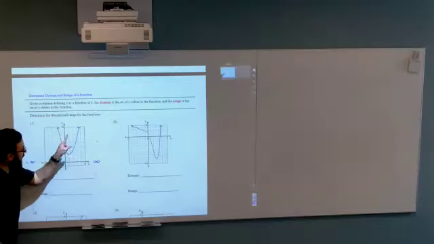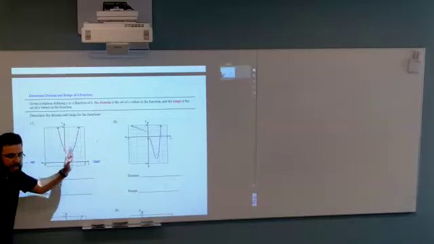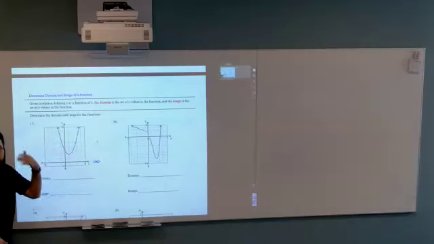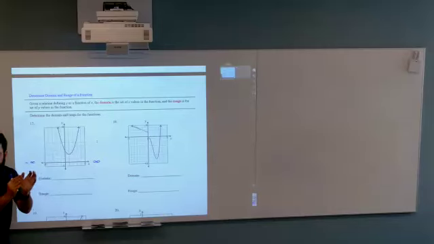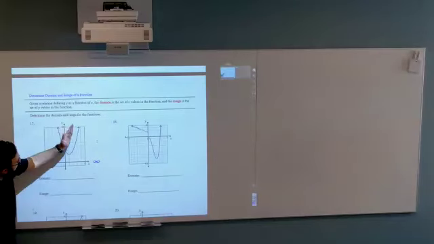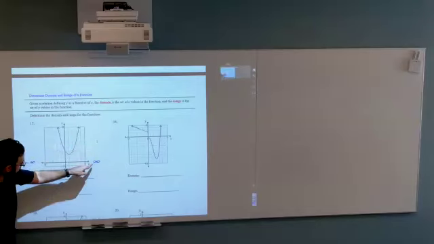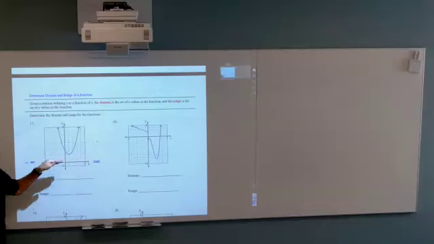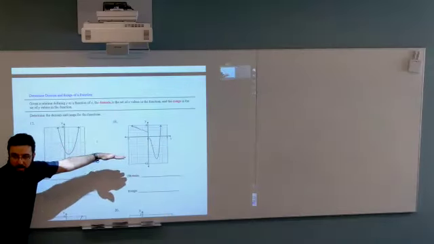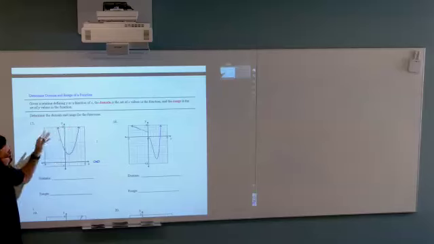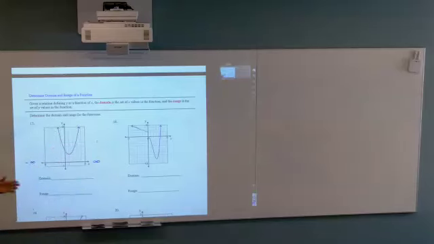Again, each point on the graph is x, y, so I just need to focus on the x. I'm going to ignore the y. If I took the graph and put it down on the x coordinate, at the very bottom, the graph is going to go to infinity, because you have the arrow. That means they're telling you the graph goes to infinity from both sides. I'm just focusing on the x value.